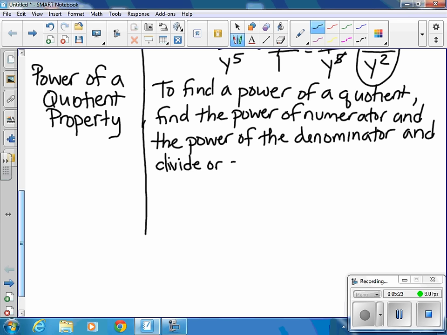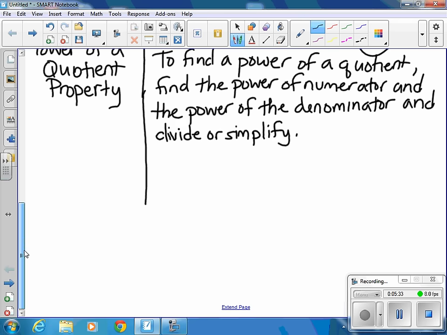Or simplify, depending on what's left. Okay. This is very similar to the distributing property. Instead of distributing an exponent to a product, you're distributing a power to a quotient, right? So that's why you're going to recognize some of these, because quotients are really fractions, and I've already shown you how to distribute to a fraction.